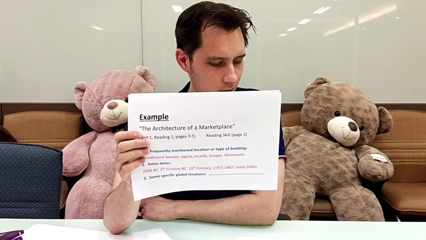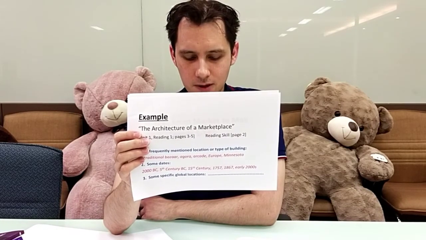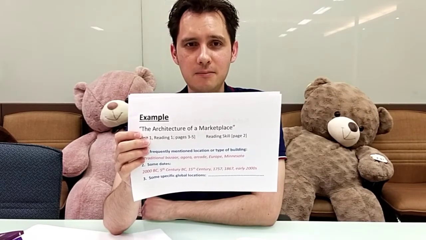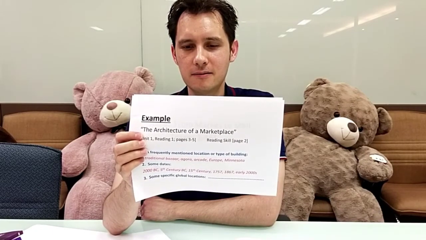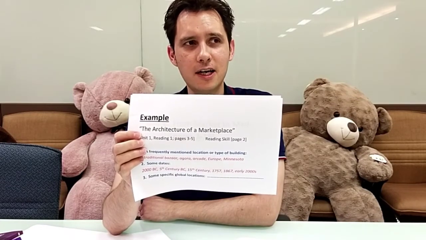Number 2, another example, is dates that are mentioned. When I previewed the text, I noticed some dates: 2000 BC, 5th century BC, 15th century, 1757, 1867, and the early 2000s.